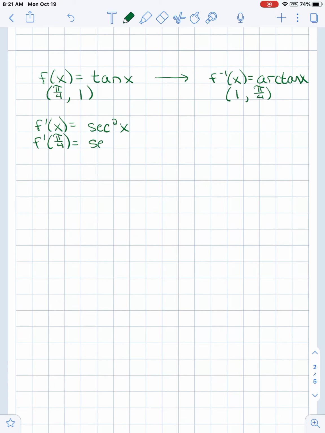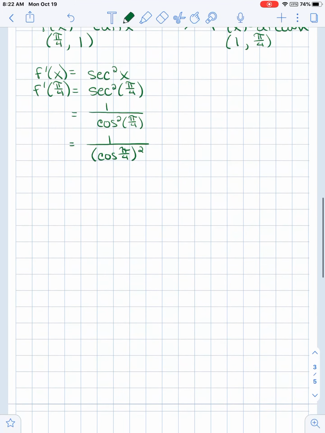We have secant squared of pi over 4. Not something that we're all familiar with, but we do know that secant squared is equivalent to 1 over cosine squared. So what we're trying to say here then is it's 1 over the cosine of pi over 4 squared.